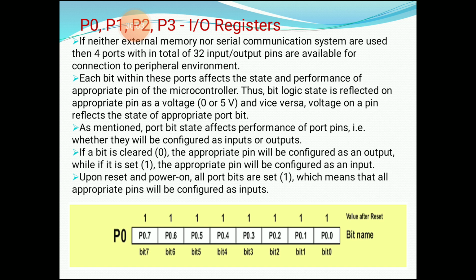If a bit is cleared in the register, the appropriate pin will be configured as an output pin. When it is set to 1, the appropriate pin will be considered as an input pin. Upon reset and power on, all ports are set. That is, all port lines are used as input ports.